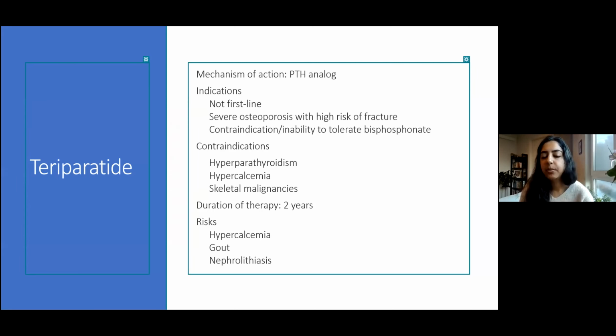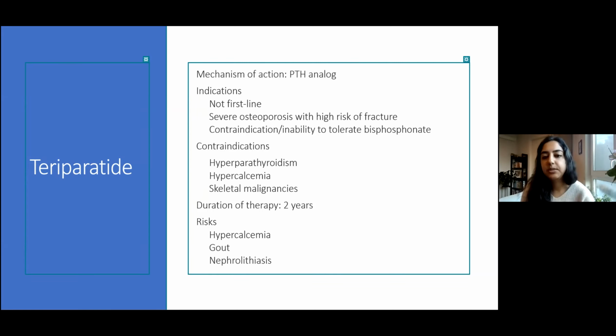Teriparatide is an anabolic therapy that's a PTH analog that's indicated for severe osteoporosis and high risk of fracture. You can think about this also in women who have a contraindication or are unable to tolerate bisphosphonates. You shouldn't use a PTH analog in someone who has primary hyperparathyroidism.